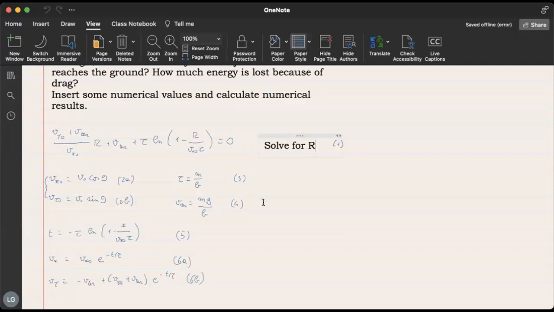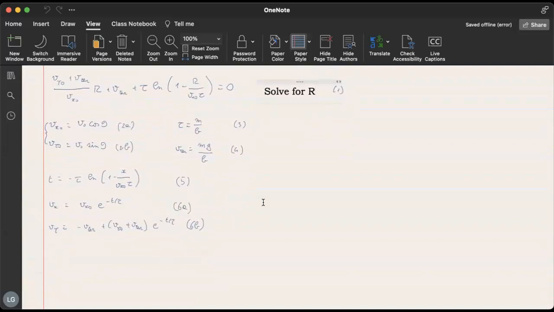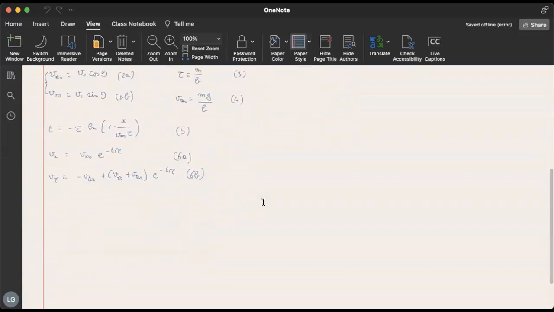One is to solve equation one numerically, or two was the approximate solution that we discussed in class to calculate an approximate value for R without solving a difficult equation. The way we do it is the following. Again, this is to solve equation one.